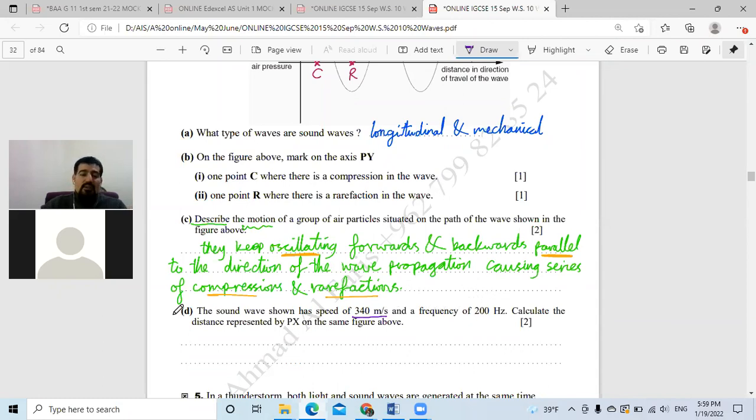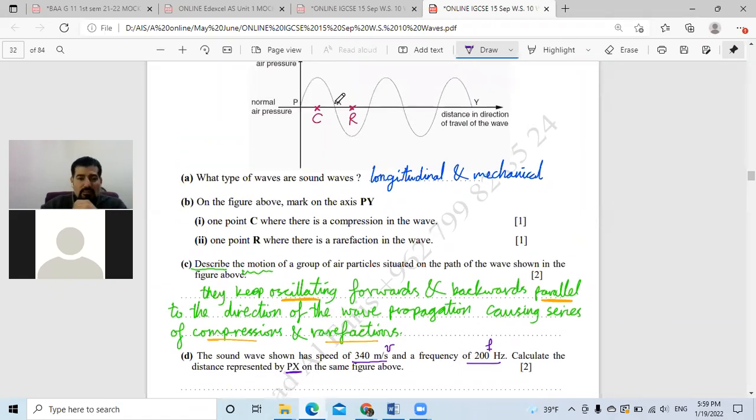So the sound wave has a speed of 340 and a frequency of how much? 200 hertz. Calculate the distance represented by PX on the same figure. Who can tell me PX from here to here? What do they ask about?